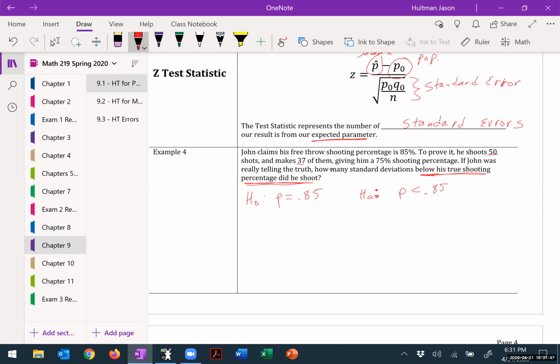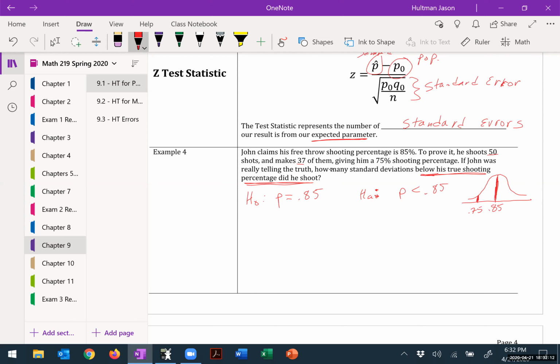If we're setting up for a normal distribution, we want to find out how far away from 0.85 is this 0.75. How many standard errors below 0.85 is 0.75? That's what I want to know.